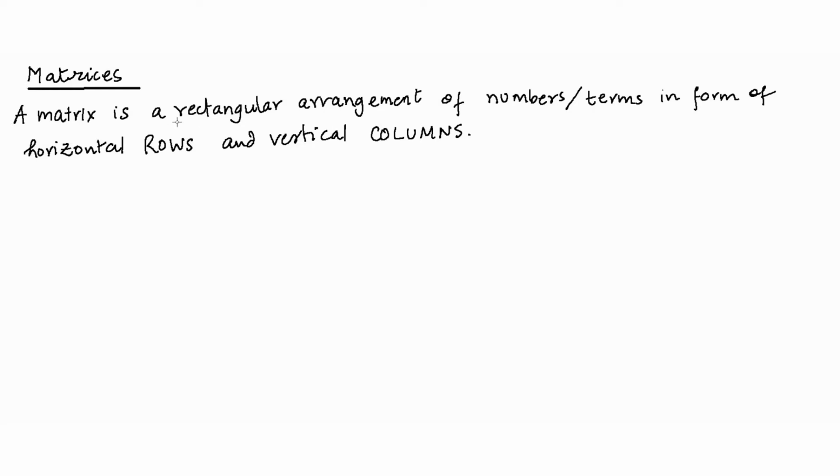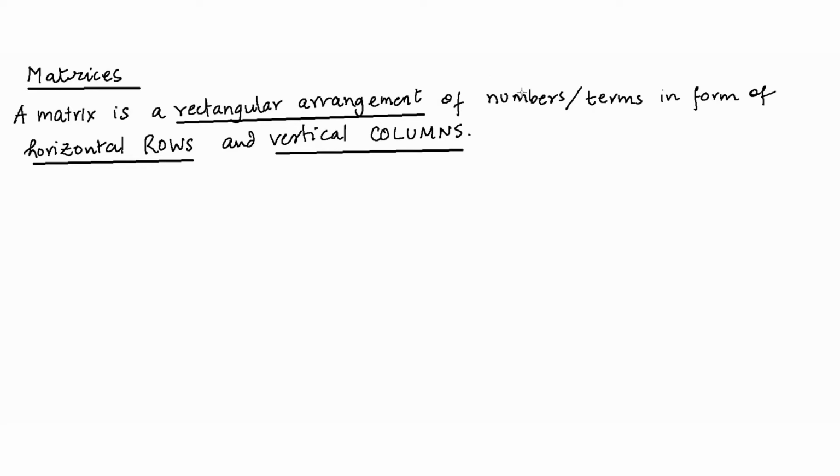First of all, it's a rectangular arrangement, meaning you are going to have a few elements in horizontal rows. So rectangle is a two-dimensional object. So you are going to have horizontal rows and vertical columns, right?